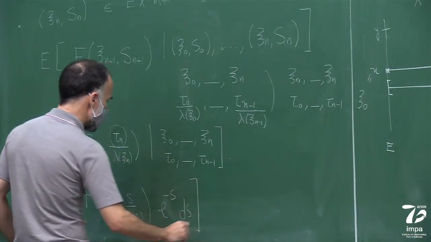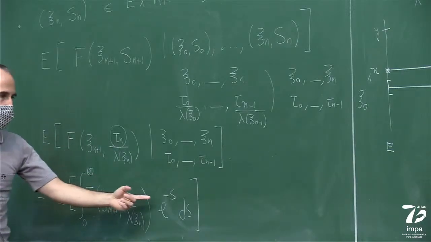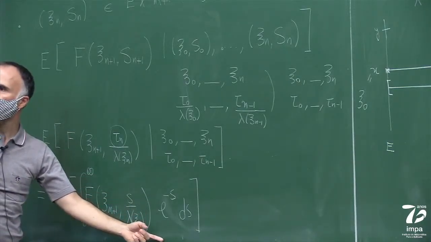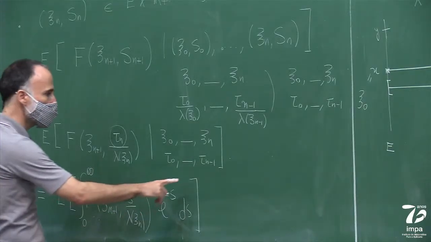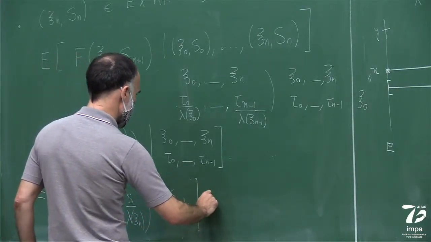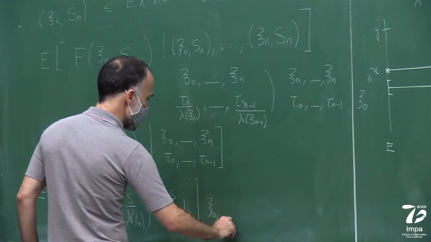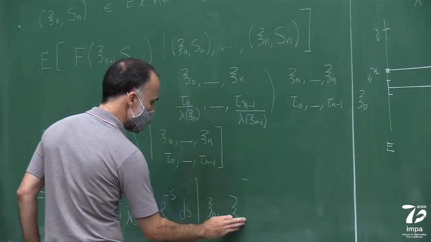Tau n is distributed according to an exponential, which has a density, so I'm just integrating this variable with respect to the density, and this is given by a function of xi 0, up to xi n minus 1, xi n.